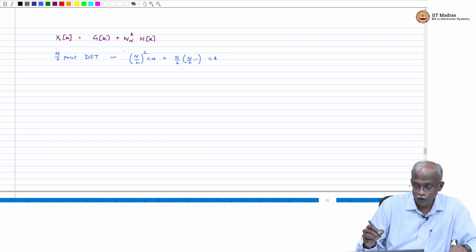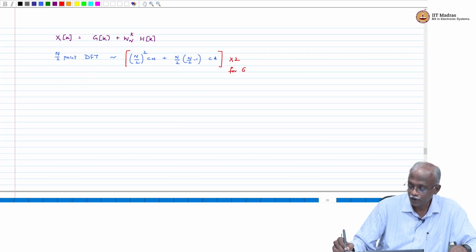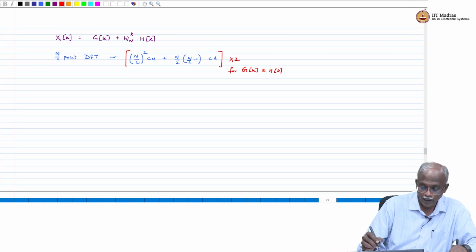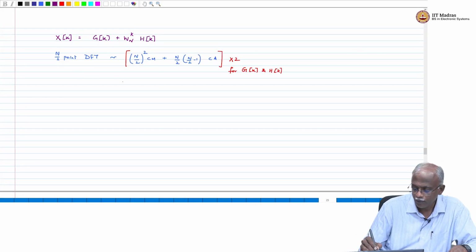Now remember that there are two of them, so this whole thing has to be multiplied by 2. Why am I multiplying by 2? Because I have to compute G[k] and H[k]. And remember that I also have to perform one more operation, which is combining G[k] and H[k].